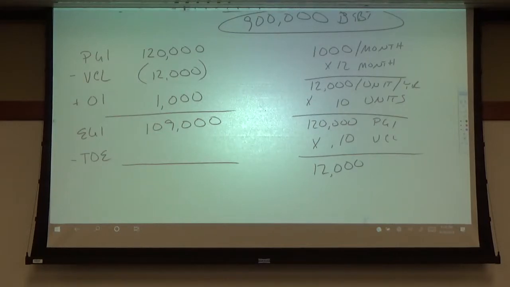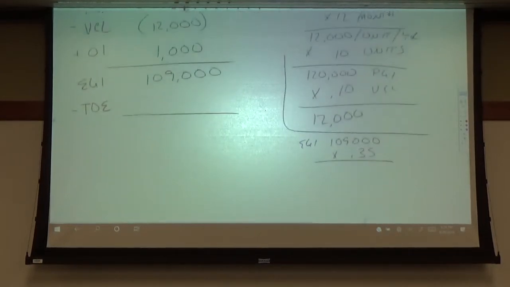All right? So what we're going to do is take that effective gross income of $109,000, multiply that by 35%. We're going to talk about that here in just a second. Okay, yep. So 38,150.